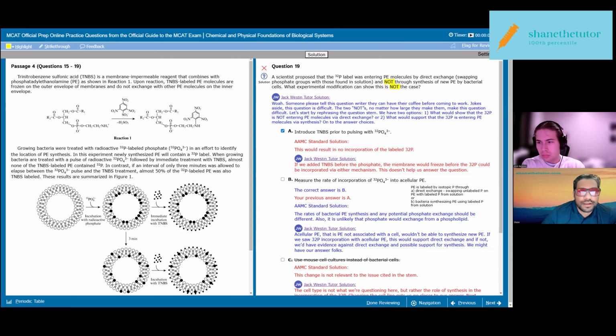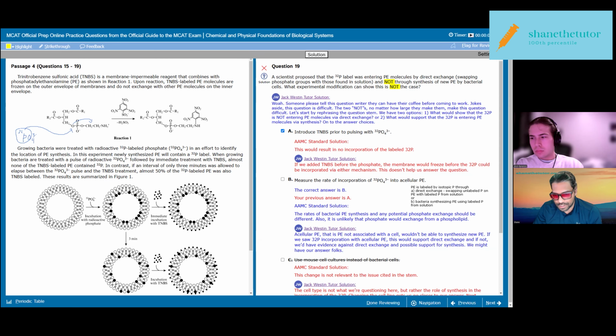So if you had a P32 label on a phosphate that's in solution, this can leave and then this can come in and take its place. That would be a direct exchange. Or it could be B, that the bacteria is synthesizing the PE, also using labeled phosphorus from the solution. That's the main difference.